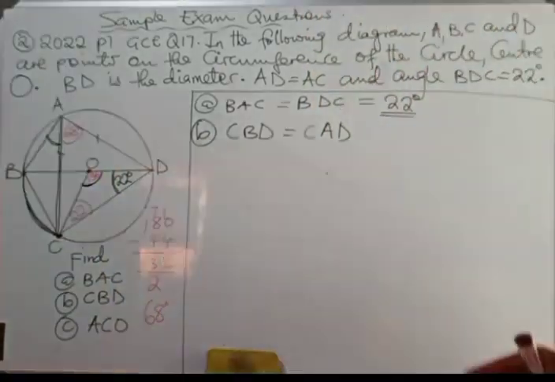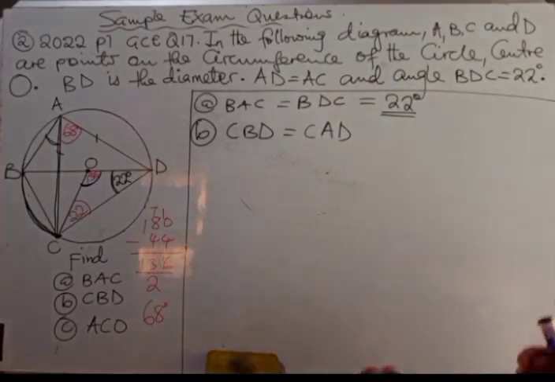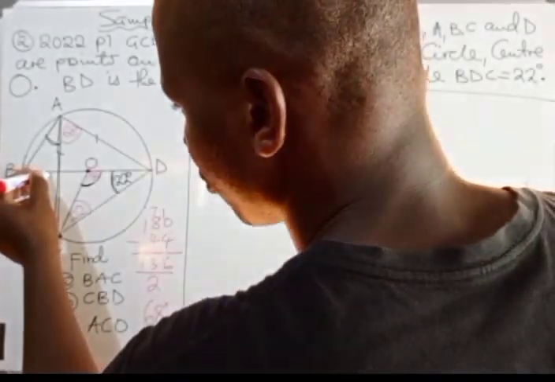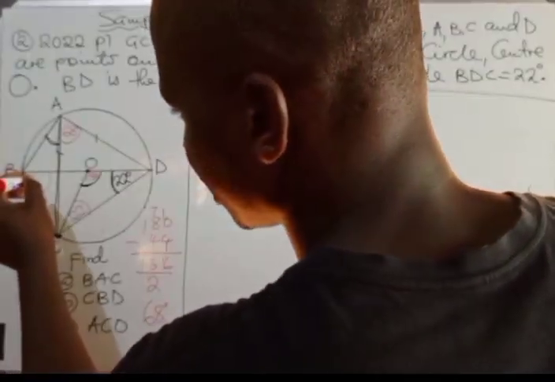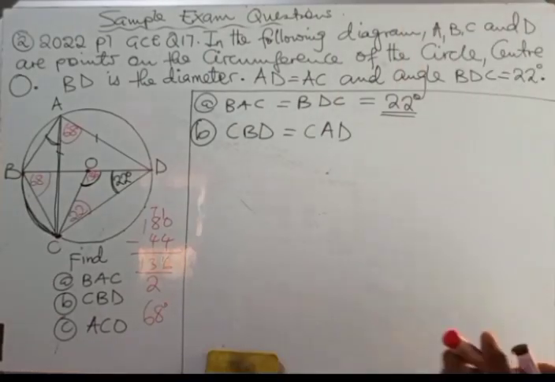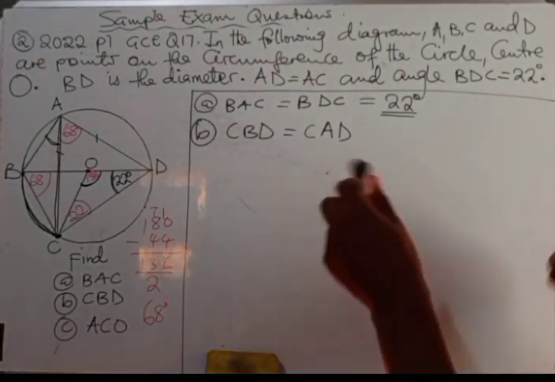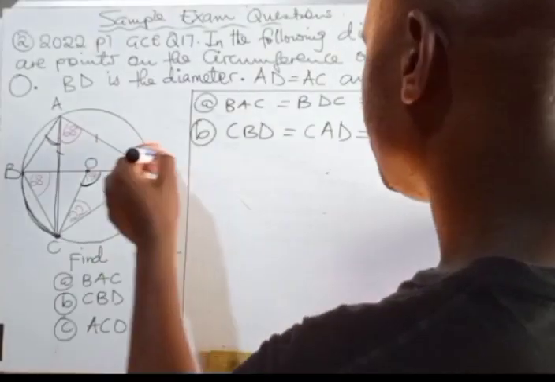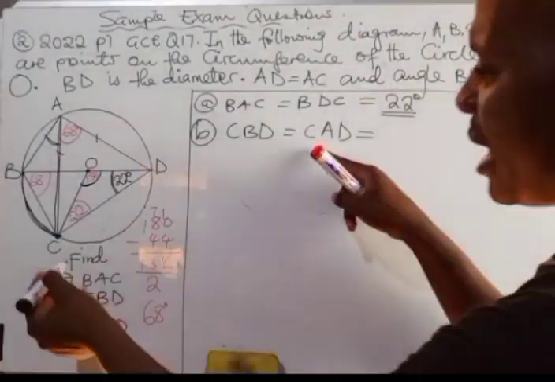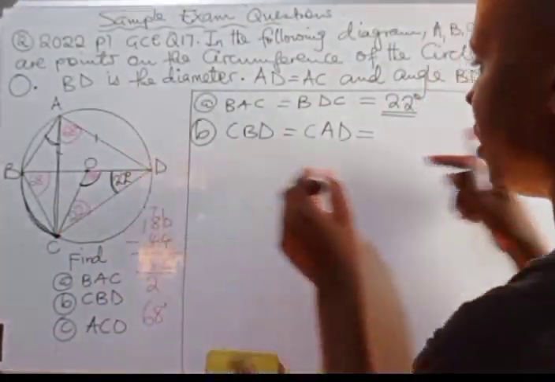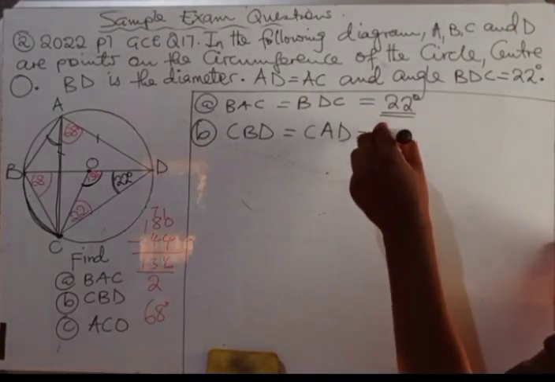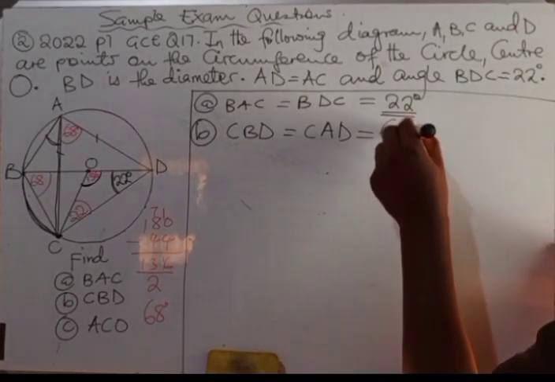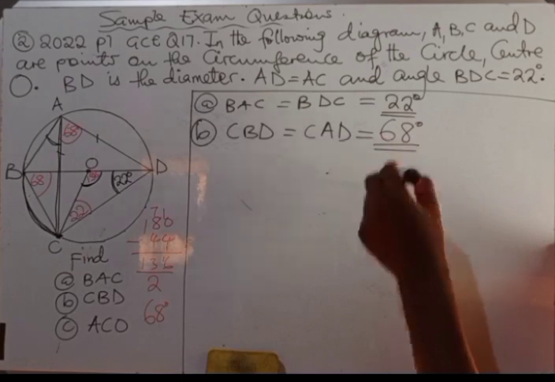If that is 68, then this one is also 68. We are finding CBD, which is the same as CAD. They are both 68. So that is the answer.